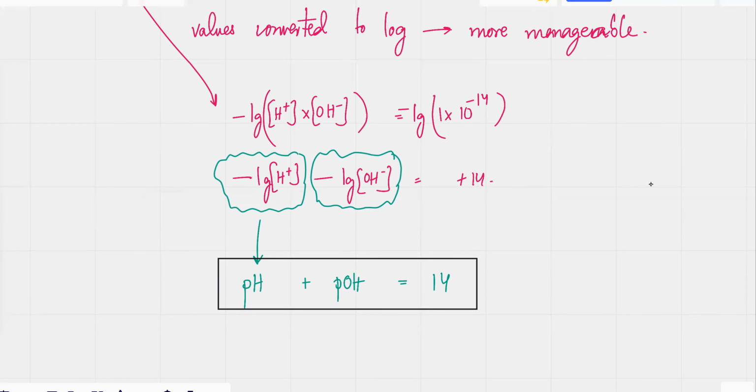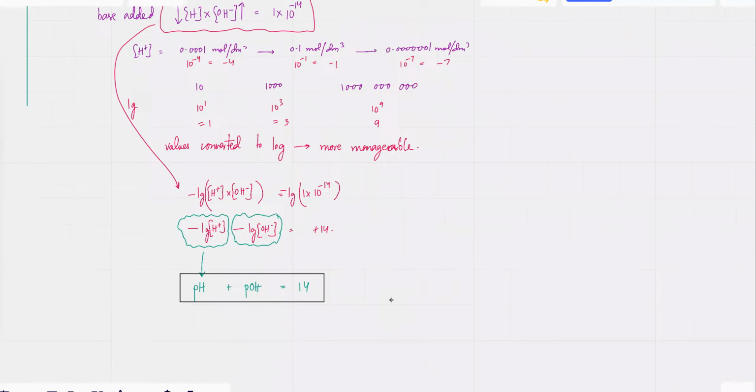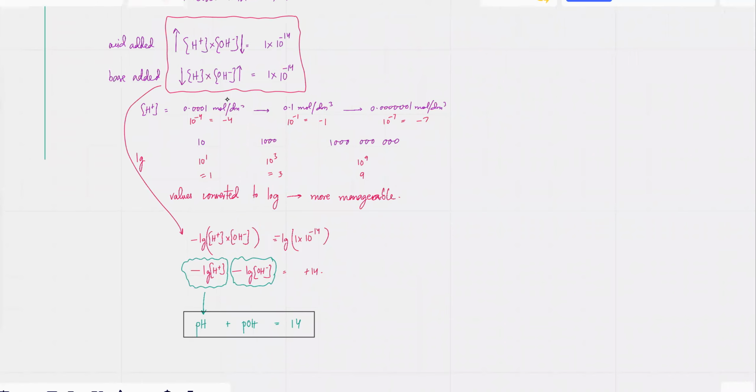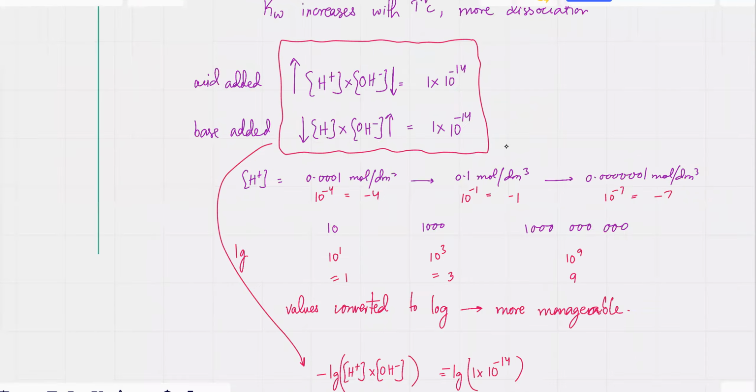That's the same expression that you studied over here, which was KW.